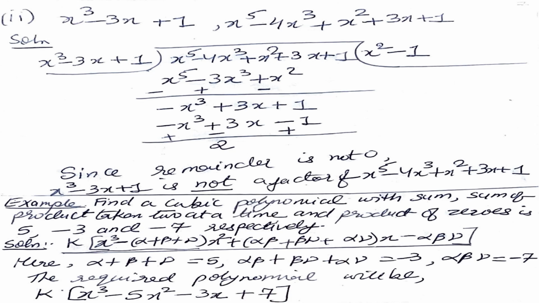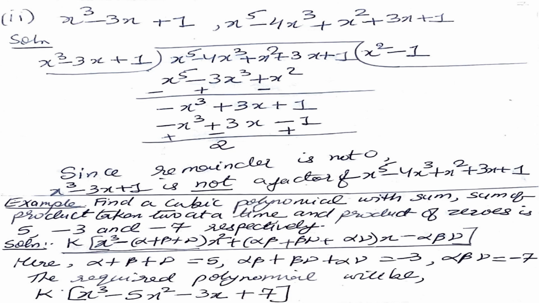Now friends, currently the syllabus of class 10 is limited to quadratic polynomials, but the same rules can apply to cubic polynomials also. A simple example. Find a cubic polynomial with the sum of zeros, sum of products taken 2 at a time, and the product of zeros given as 5, minus 3 and minus 7 respectively.